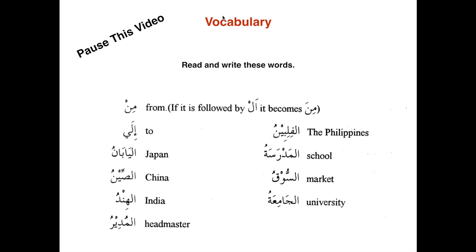Here is vocabulary from the reading of lesson 4. We learn these words. So we have Al-Philippine, the Philippines, Al-Madrasatu, school, As-Suqu, market, Al-Jami'atu, university. Min means from. Now if min is followed by the alif lam of the next word, then it becomes mina, right?